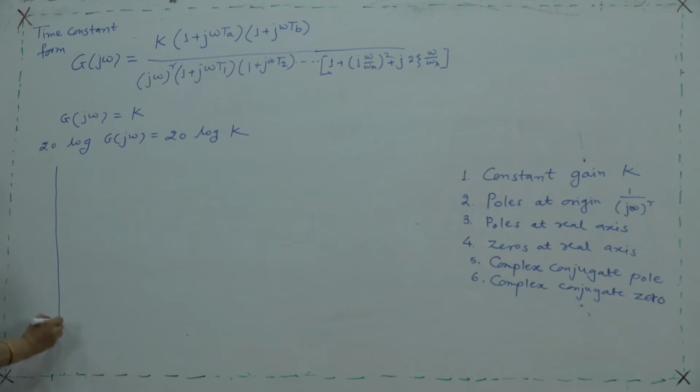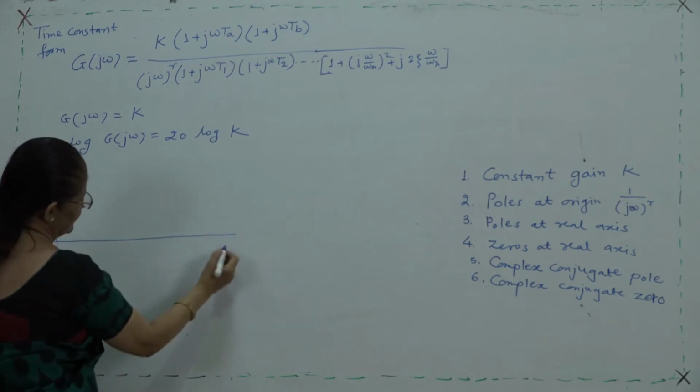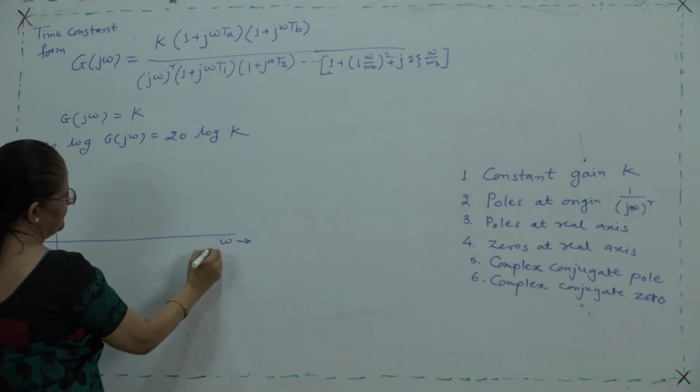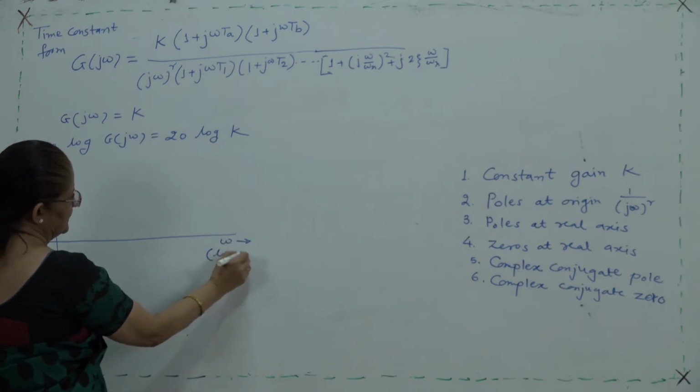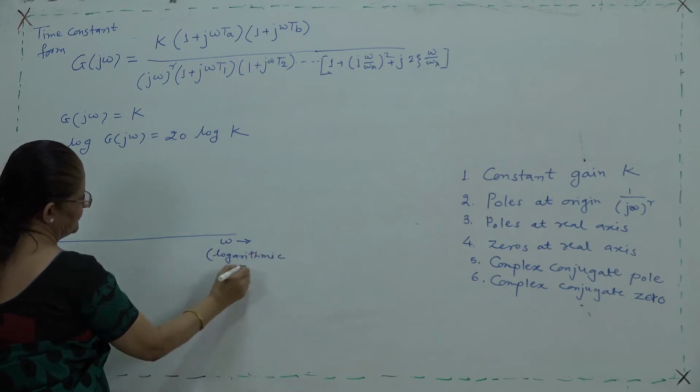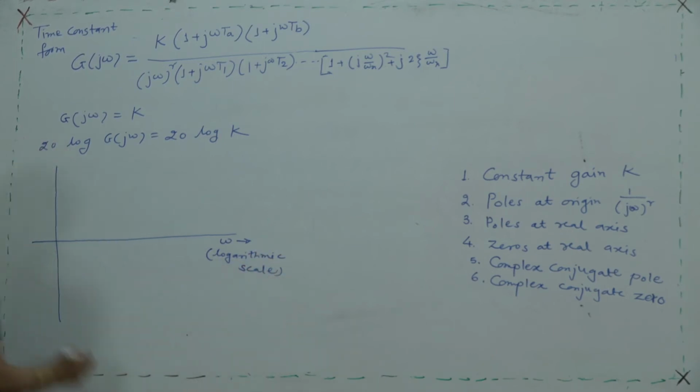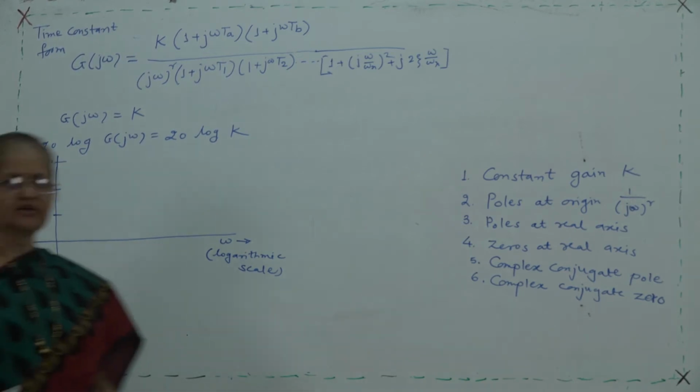In the Bode plot, the x axis is omega, which we are considering on the logarithmic scale, and the y axis is real values, that is the semi log paper we are using. So, this is logarithmic while this is real and in dB. The scale you can represent as 10, 20 in that fashion as per the example given, so that you can occupy the whole semi log paper.